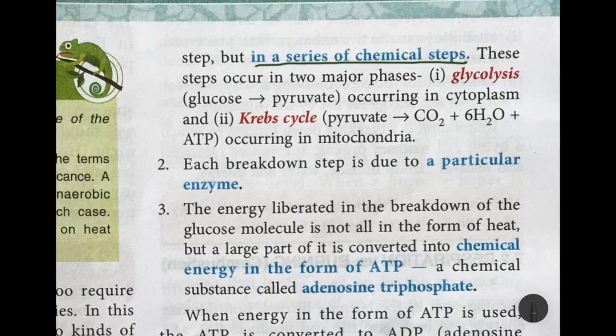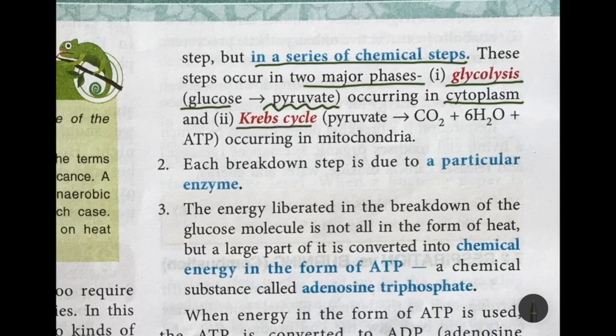Now, these steps occur in 2 major phases. The first phase is known as glycolysis. Now, what happens in glycolysis? The glucose first turns into pyruvate. And this takes place where? It takes place in the cytoplasm. The second phase is known as the Krebs cycle. So what happens in the Krebs cycle?